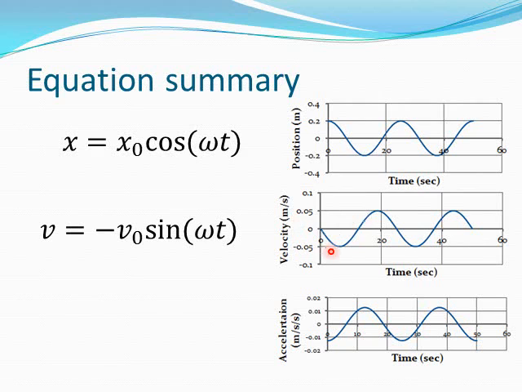And let's take a look at this one and see what the acceleration should be. If the slope is a maximum here, that means this will be a maximum, but this is a negative slope, maximum negative. That means this will be a maximum negative value, so this looks like a negative cosine function. That starts from here.